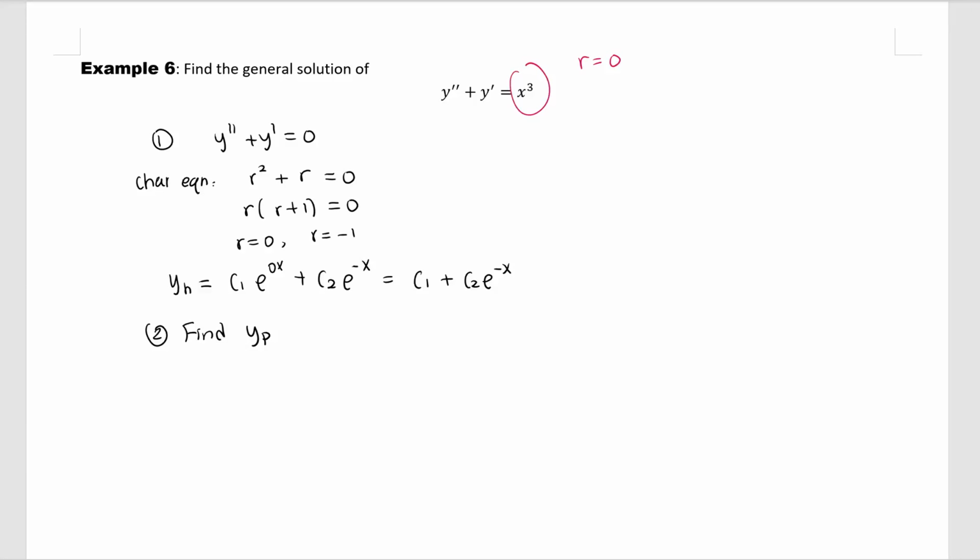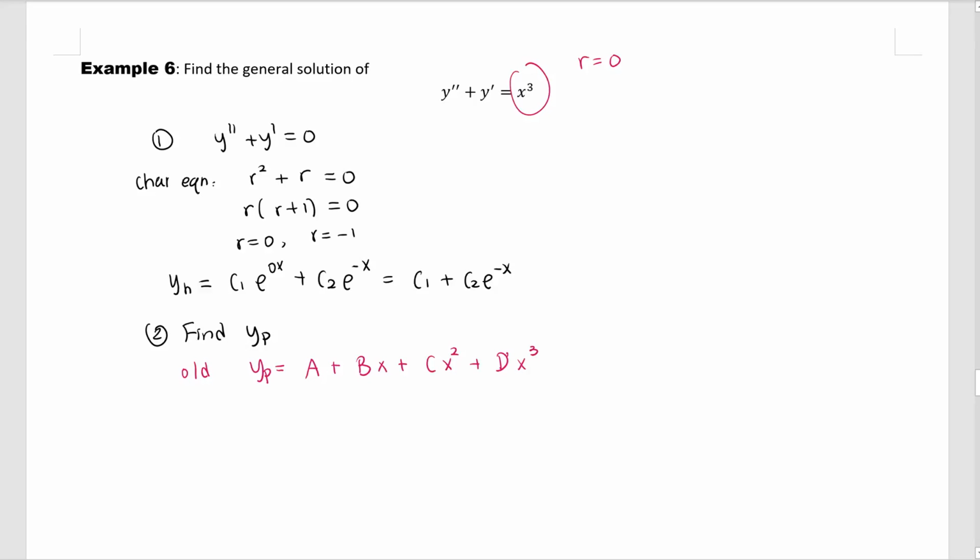So x cubed is like a multiplicity, the multiplicity is like 4, right? So when you set up the old yp, you start with the constant term, and then you increase the power: A, B, C, and then D.